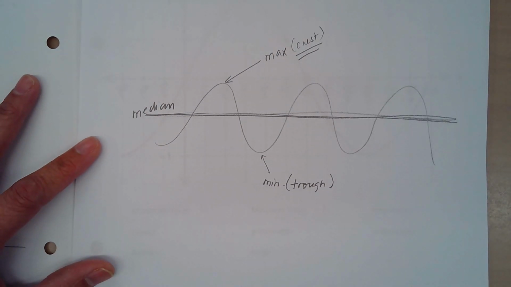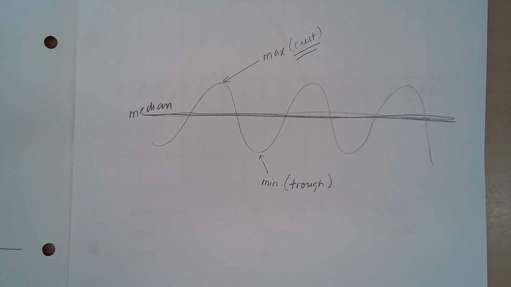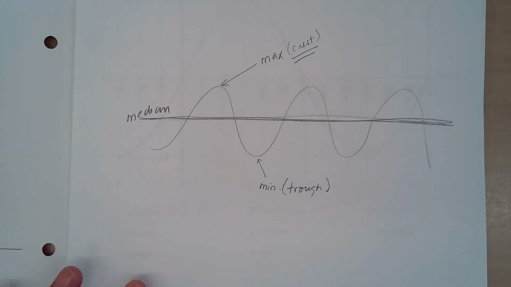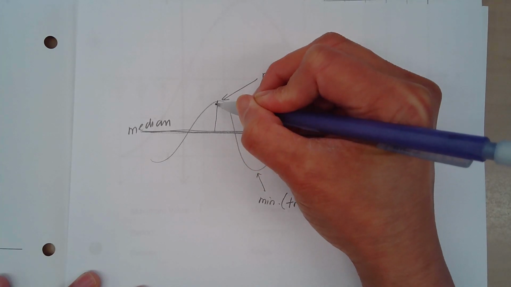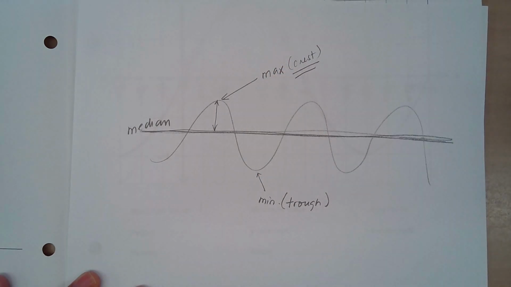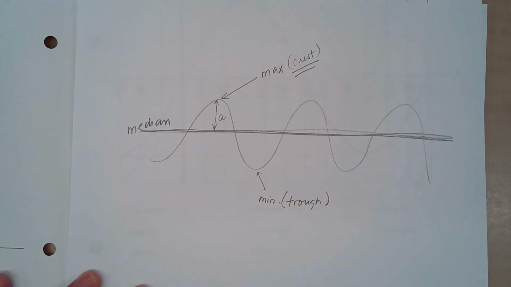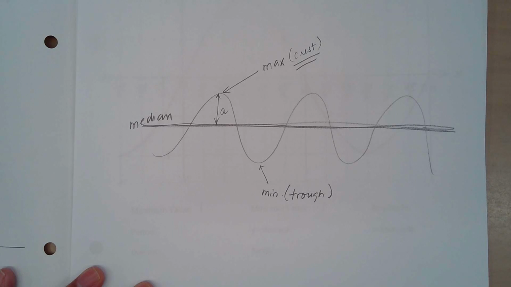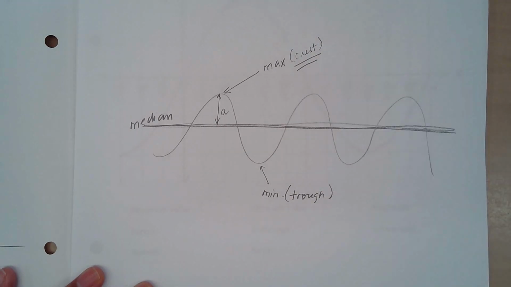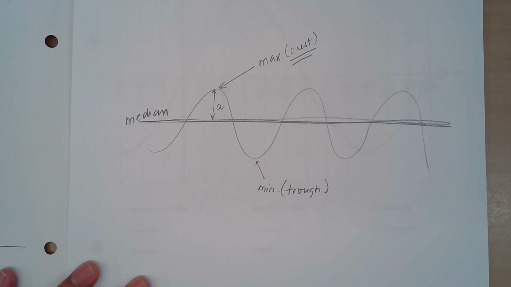It falls in between a maximum and minimum. So amplitude is from the median line to the maximum. You call it A. What's the other amplitude? The trough.